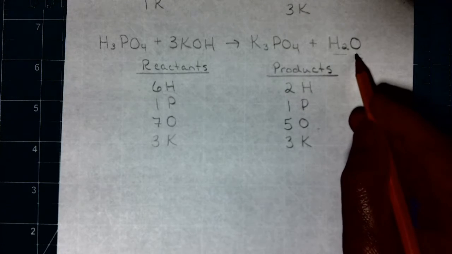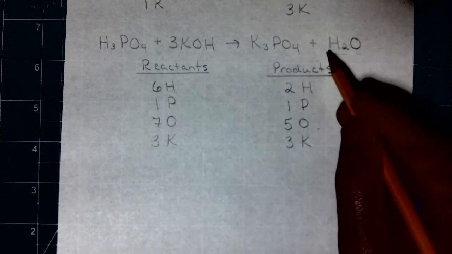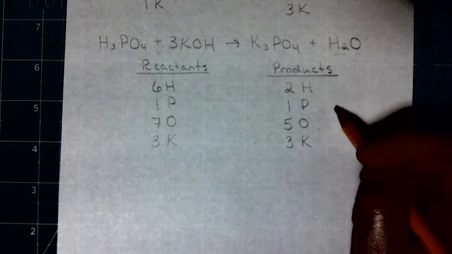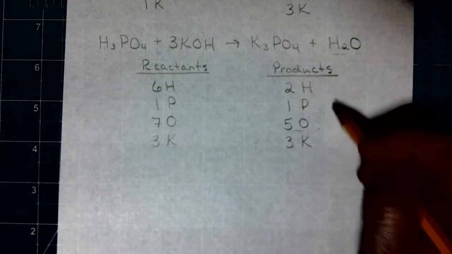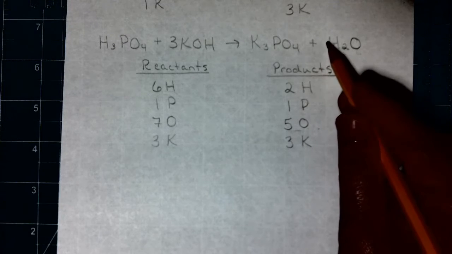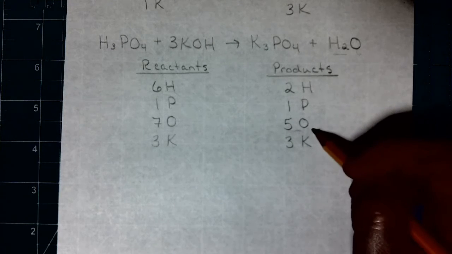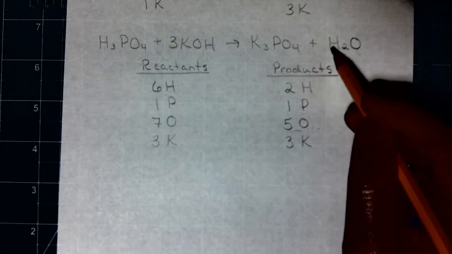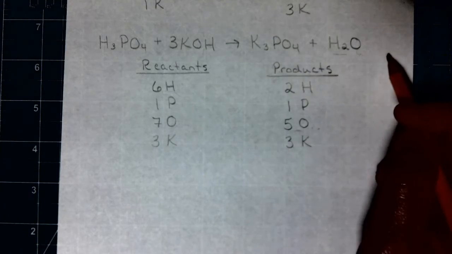So I have 1 oxygen right now. If I put a 2 up here, then I'm going to have 2 oxygens, and this is going to be 6 oxygens. So that's not it. I need to put a 3 here in order to have 7 oxygens altogether on that side. Then I will have 4 plus 3 times this 1, 7 oxygens.